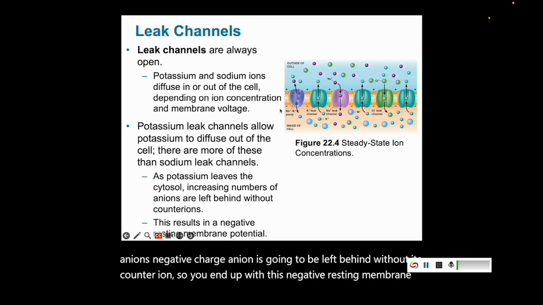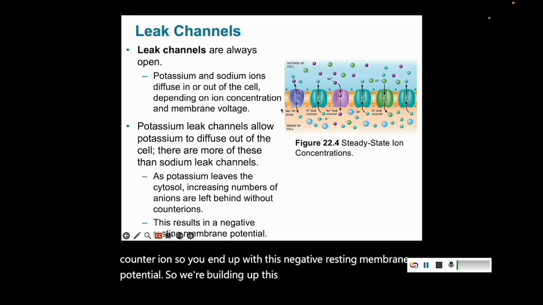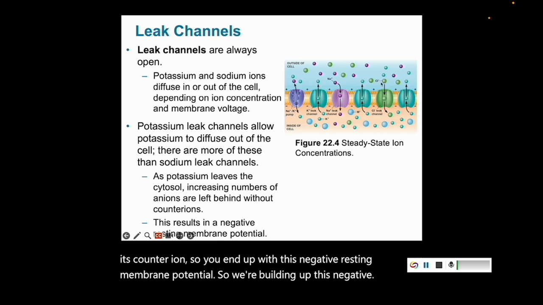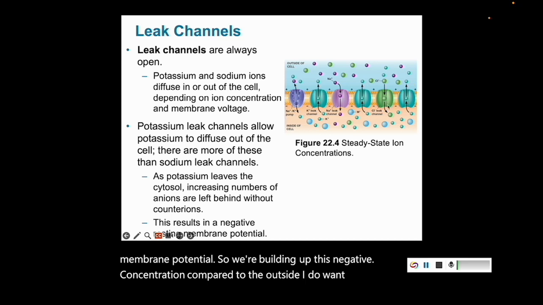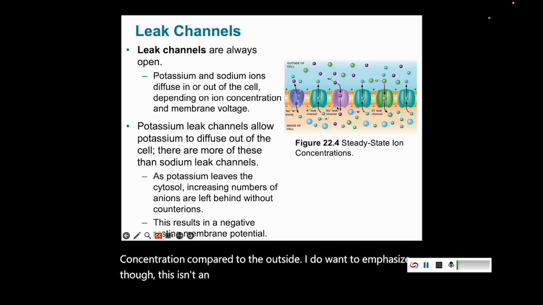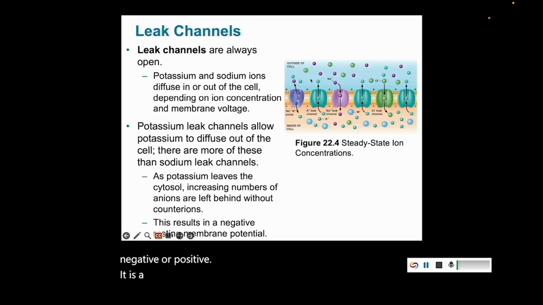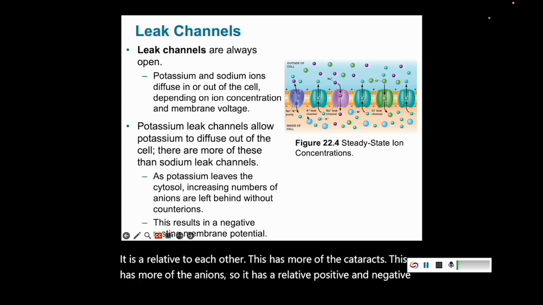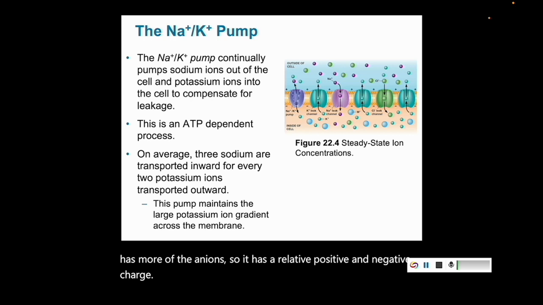So we end up with this negative resting membrane potential inside the membrane. We're building up this negative charge compared to the outside. I do want to emphasize, though, this isn't an ultimate charge, so that it's ultimately negative or positive. It's relative to each other. This has more of a cation, this has more of the anions, so it has a relative positive and negative charge.